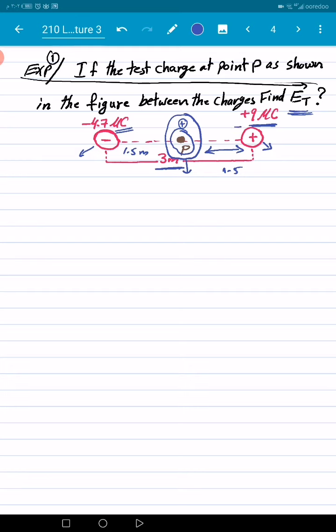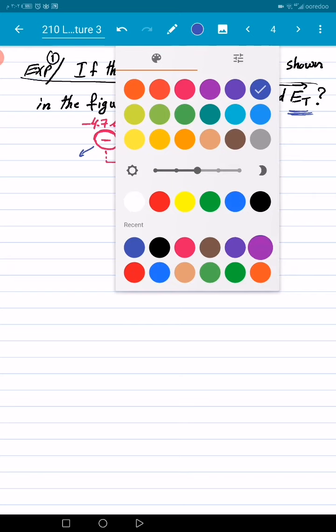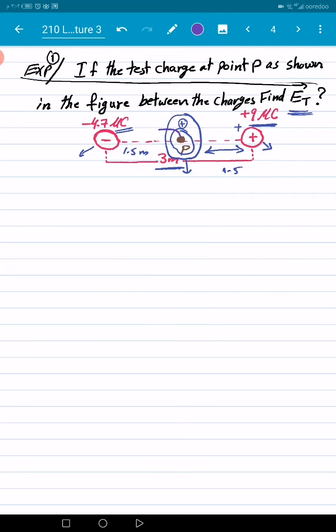So now I want to check the direction. Positive charge with positive test charge, so it moves this way. Assuming this one and this two, the electric field between the test charge and positive charge number one is in this direction.